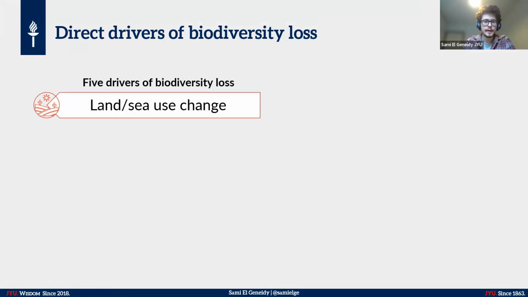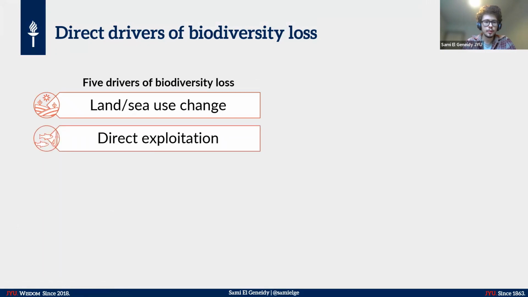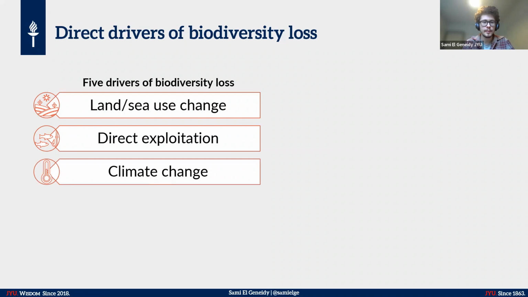So we have land and sea use change. We have direct exploitation of species. That could, for example, mean fishing of marine organisms from the sea. Then we have climate change. So climate change also drives biodiversity loss.